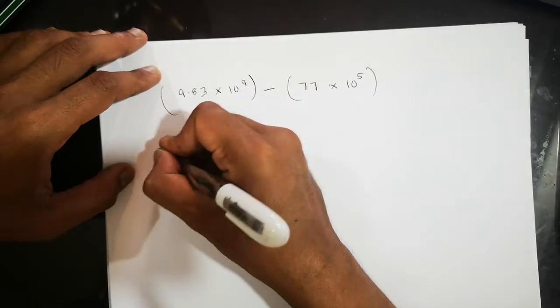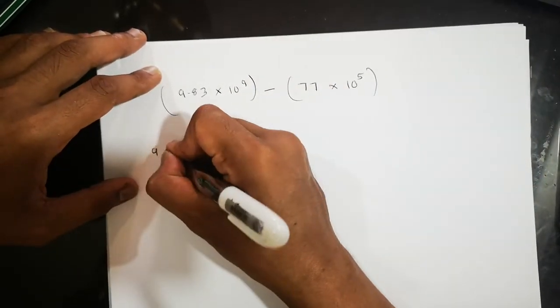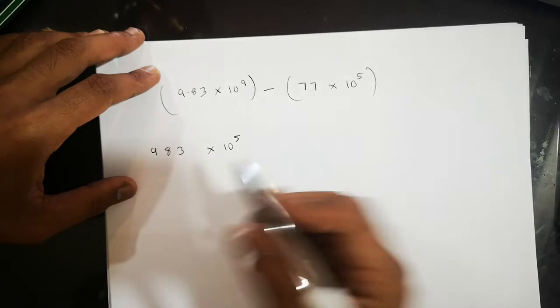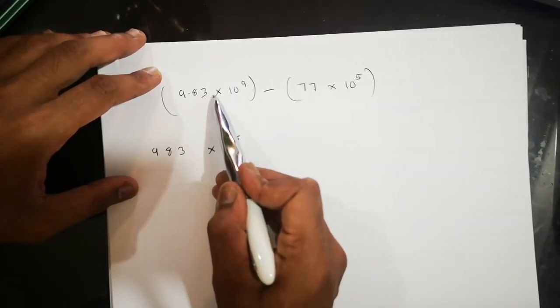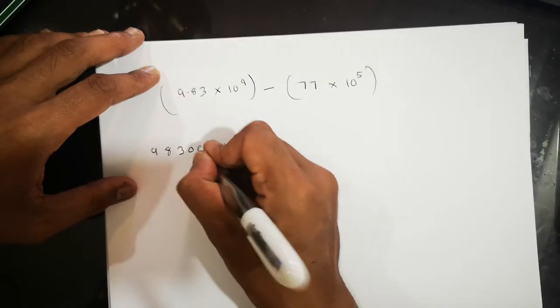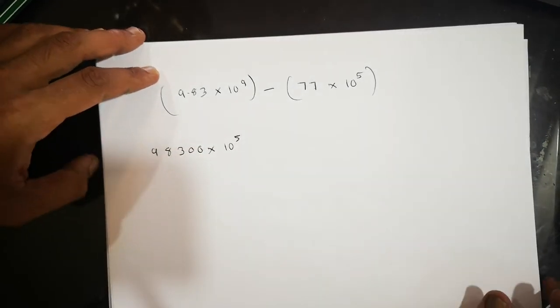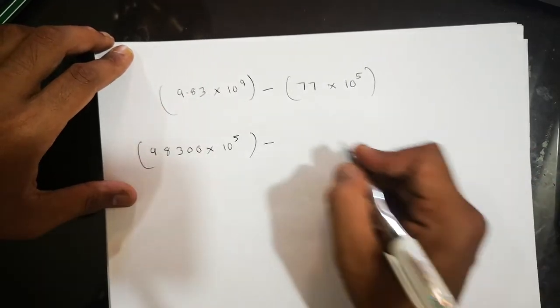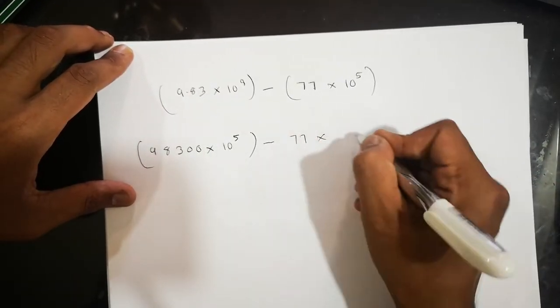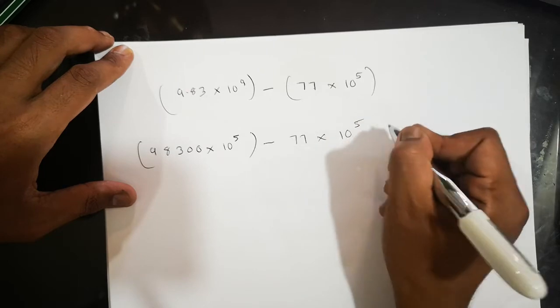Okay, 9.83 becomes 98300 times 10 to the power of 5. Minus, don't forget to put the bracket, minus 77 times 10 to the power of 5.